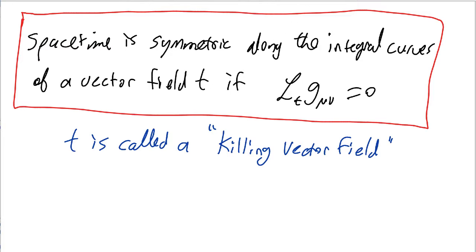So let me change the T to something a little bit less used, like K for Killing vector. So the condition that the spacetime has a symmetry along the integral curves of some vector field, which we'll usually call K, is that the Lie derivative of the metric with respect to K vanishes.